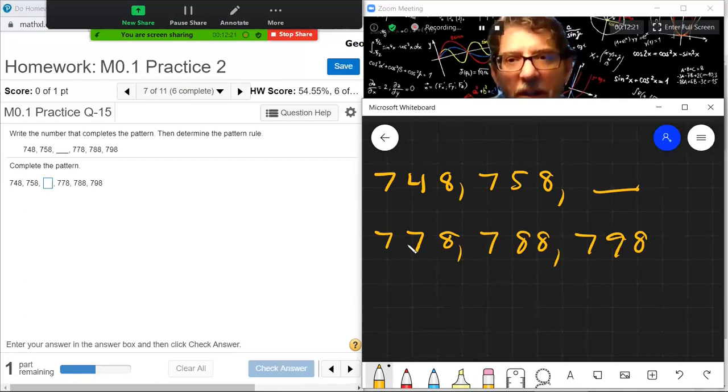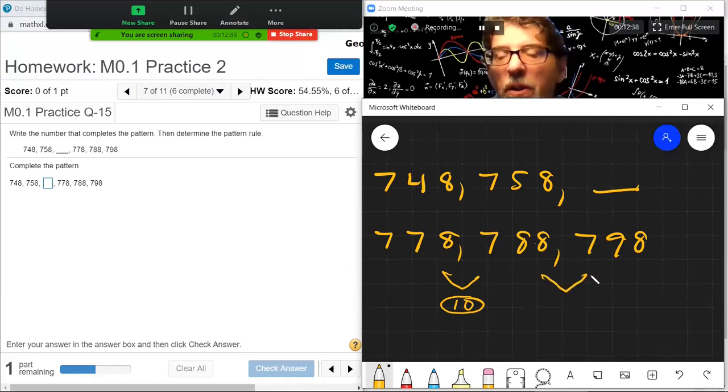We have 778, 788. What is the difference between these two? 10, right? If you were to subtract, there's a difference of 10 between those two. All right, well, how about this? What is the difference between 798 and 788?